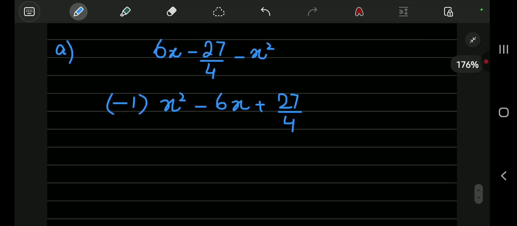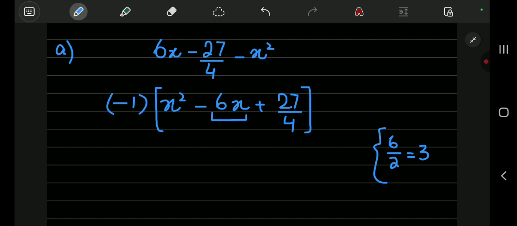Second step that we do is to half the coefficient of x and square and add and subtract that. Okay, so the half of 6 is 3, so we will be squaring and adding 3. This minus 1 we took common from the whole equation, so it will just be carried forward as it is.